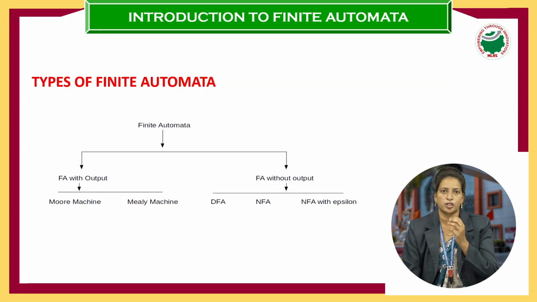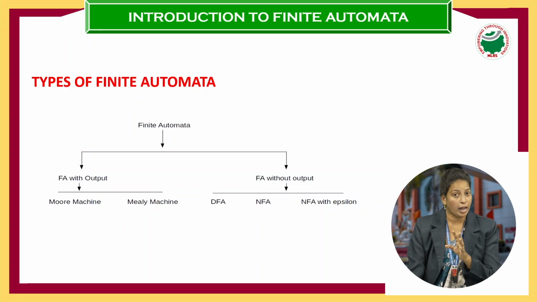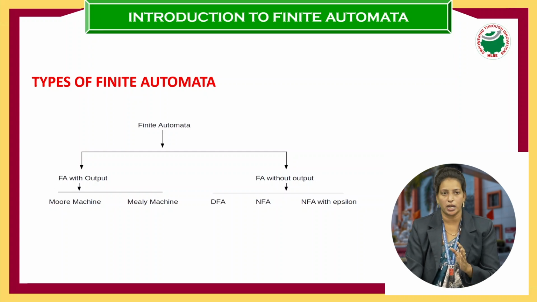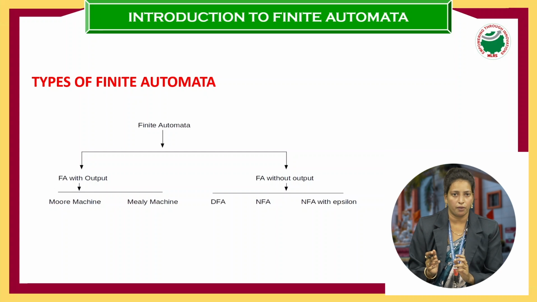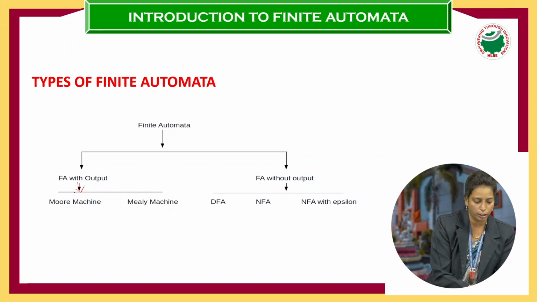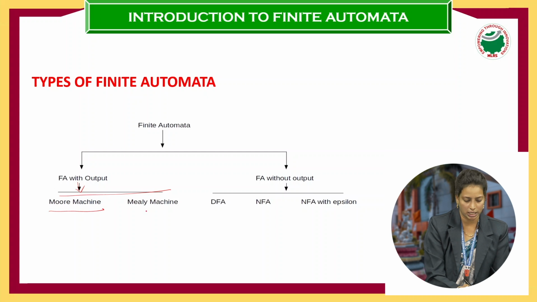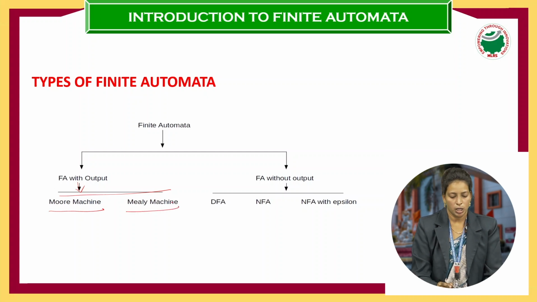Next, types of finite automata. There are basically two types: finite automata with output and finite automata without output. Finite automata with output is again divided into two types: Moore machine and Mealy machine.